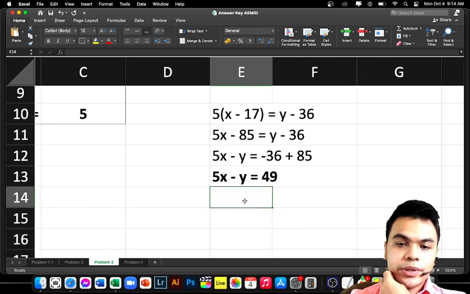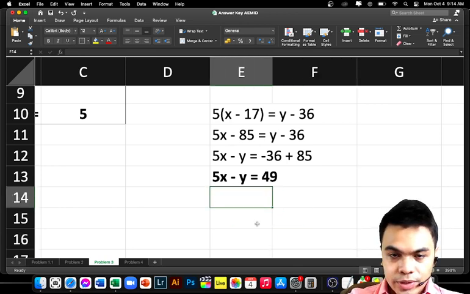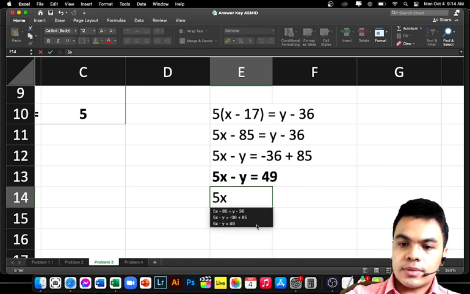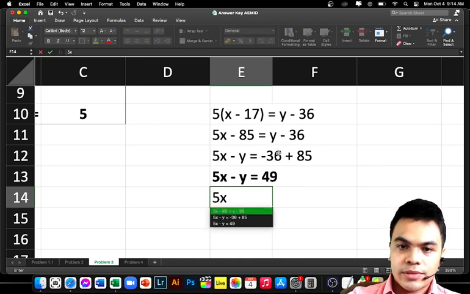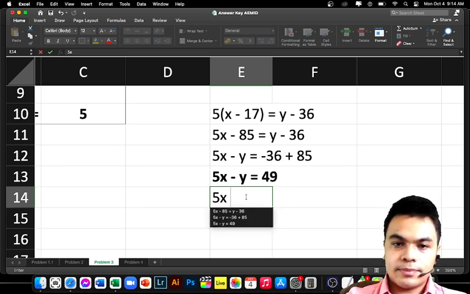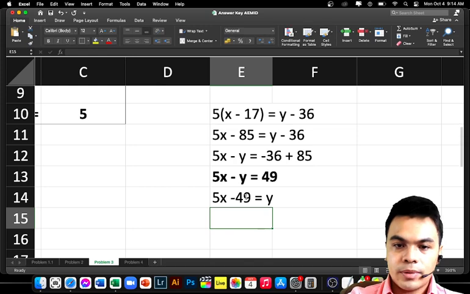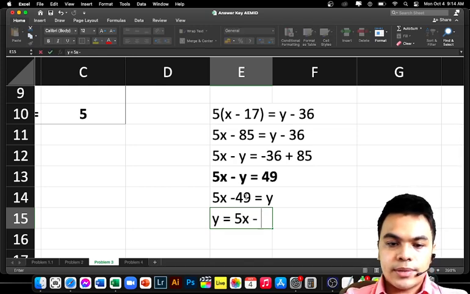Or maybe some of you used the y-intercept form, which is allowed. So let us transpose y to the other side, and move 49 to the other side as well. 49 is equal to y. Or, let's reverse it, y is equal to 5x minus 49.